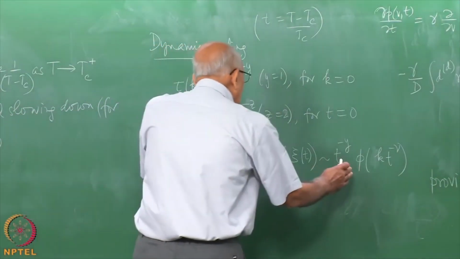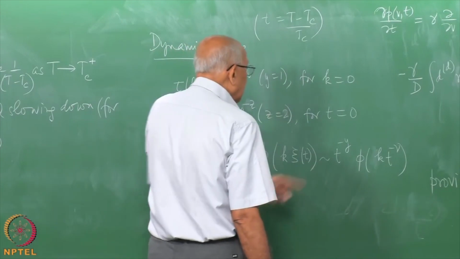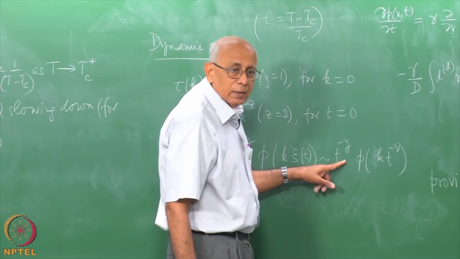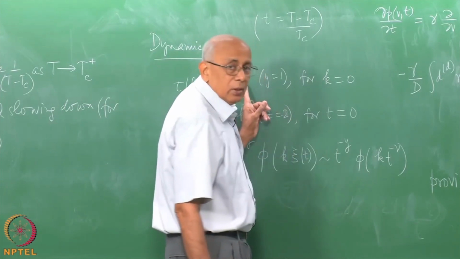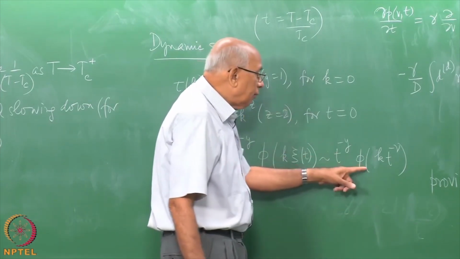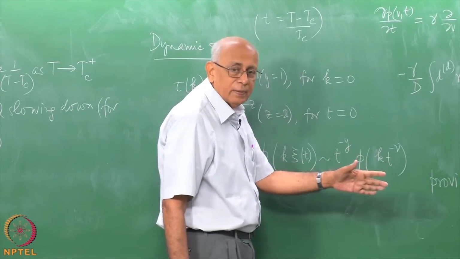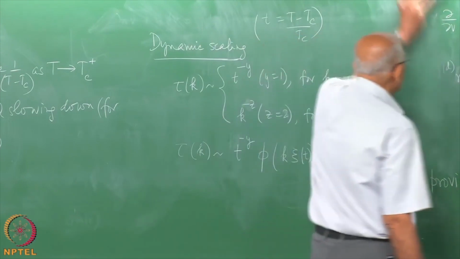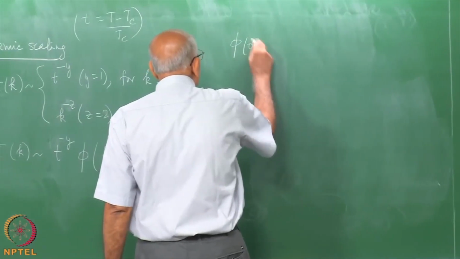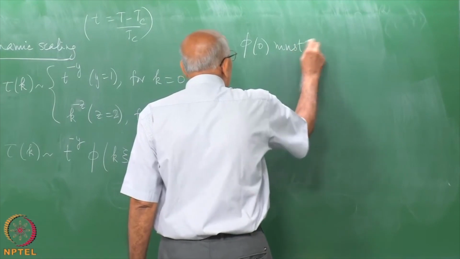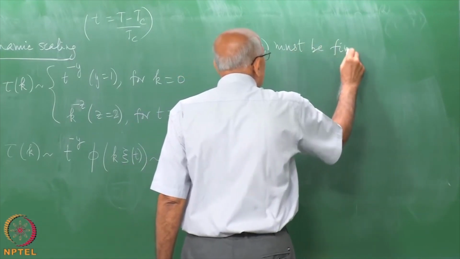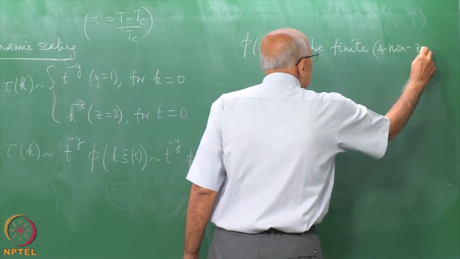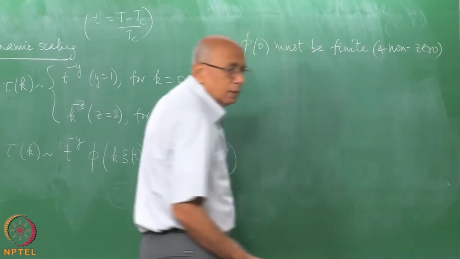So how is this going to be reconciled with that? If you put k equal to 0, you should have this divergence here, which is this term here already, provided phi of 0 is finite. So we require of this function phi, phi of 0 must be finite and non-zero, some finite constant.